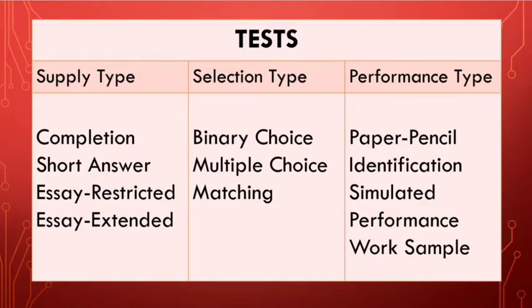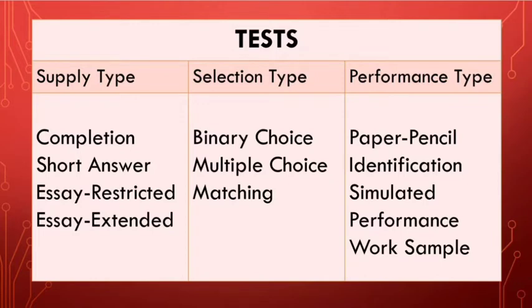But if your competency requires the learner to manifest some skill, to produce an output, we should use the performance type of assessment. For basic recall, for comprehension, for targeting both lower and higher order thinking skills, we can also use the selection type, aside from the performance type of test.